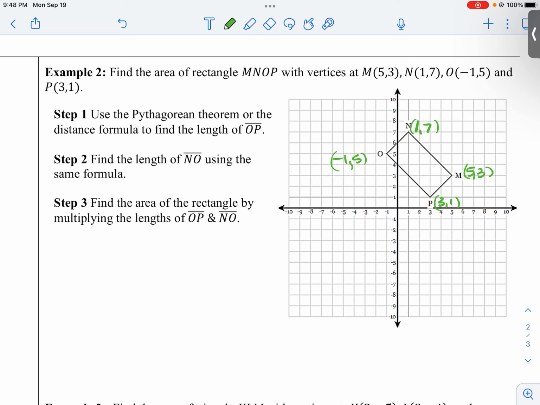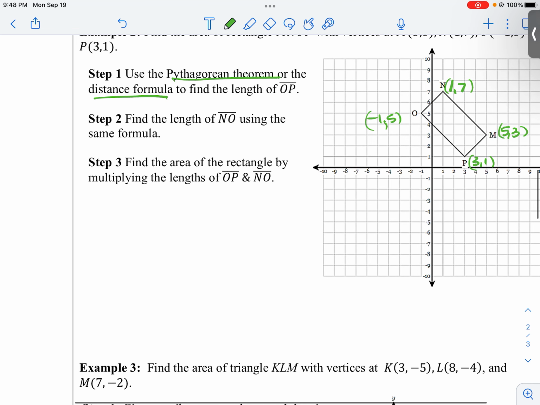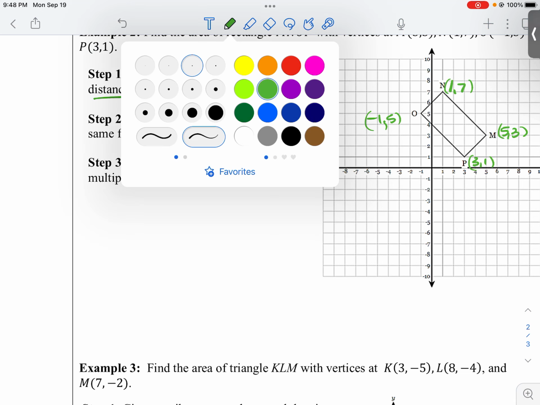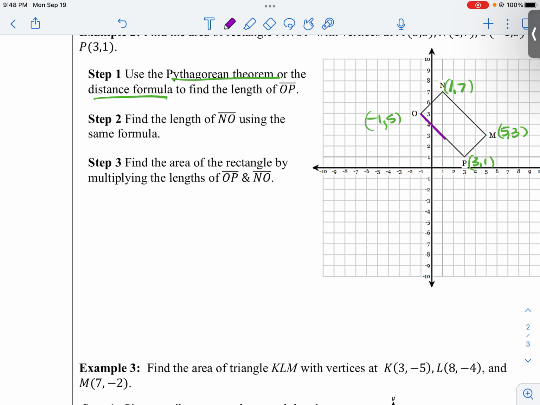So we're going to use the Pythagorean theorem to find OP. Actually, I'm going to use the Pythagorean theorem or the distance formula, so I can use either one. So let's do the Pythagorean theorem first. So OP is right here. So, when we use the Pythagorean theorem, we draw a triangle, which gives us sides of 4 and 4.